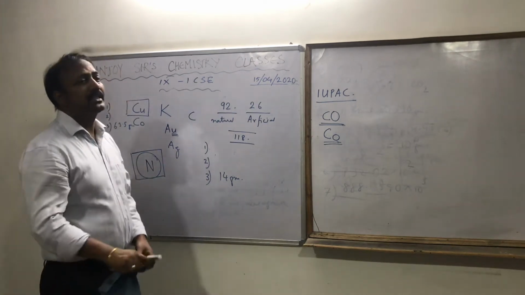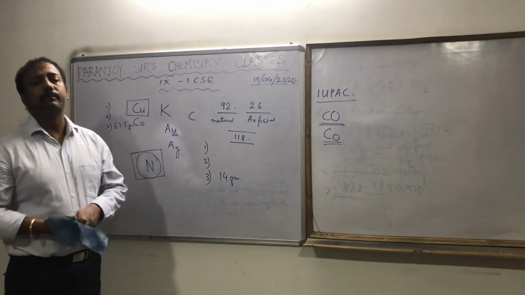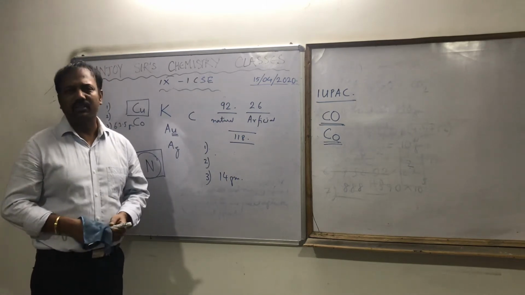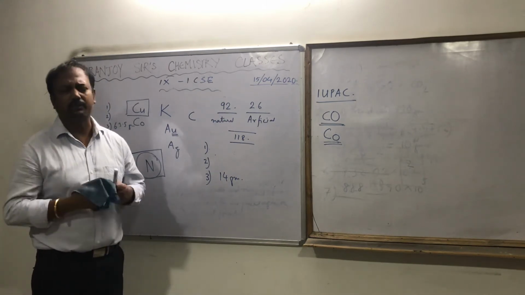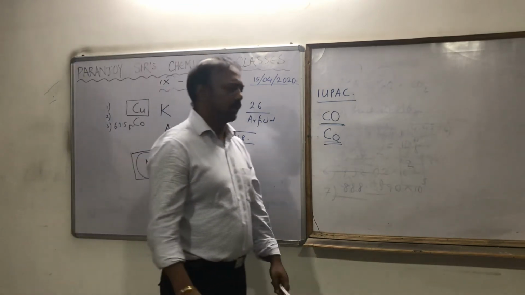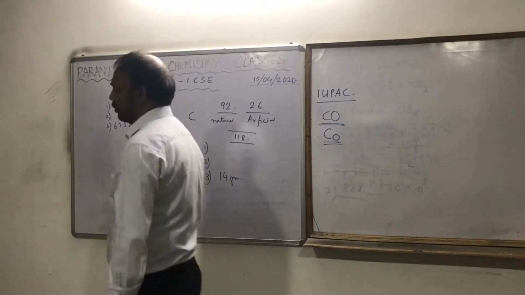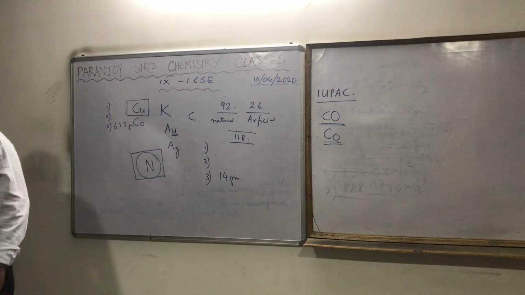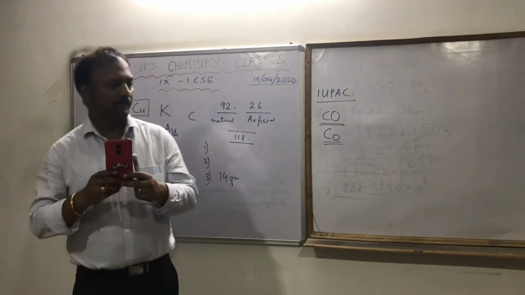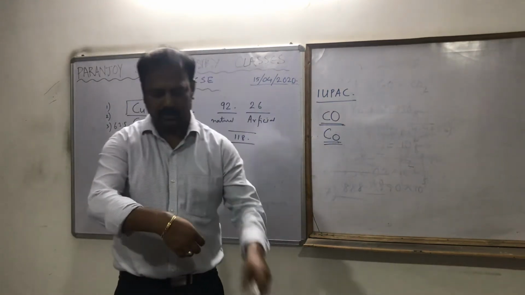Now please see the table given in your book where some common elements' symbols are written. You must know this, very common elements. Suppose I ask you, what is this?